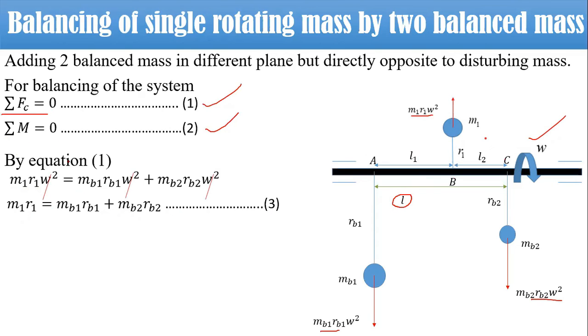The second equation is the net summation of the couple.